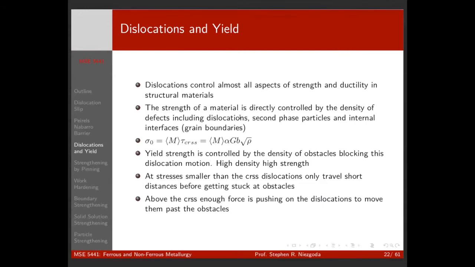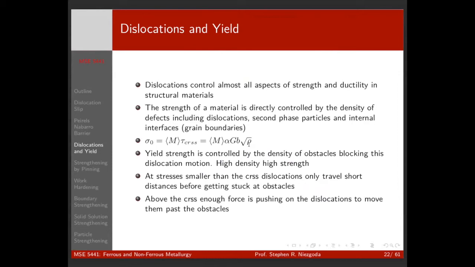Anytime we talk about yield strength, anytime we talk about ductility or toughness, at the end of the day we're always really coming back to dislocation motion. And so if we have a pure metal in the absence of secondary phases, we want to be able to relate the yield stress to the dislocation density.